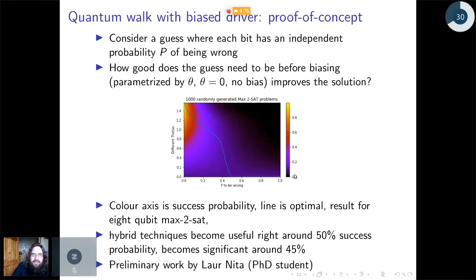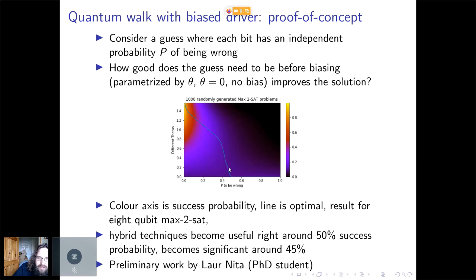But you look at this and you say, all right, what happens if I consider a guess where each qubit, each bit of my guess, has an independent probability P of being wrong? This probably isn't super realistic for what you get out of a classical algorithm, but it's simple and it allows you to look at stuff. So then you can look at how good a guess needs to be before biasing, parameterized by this theta. This color axis is success probability.